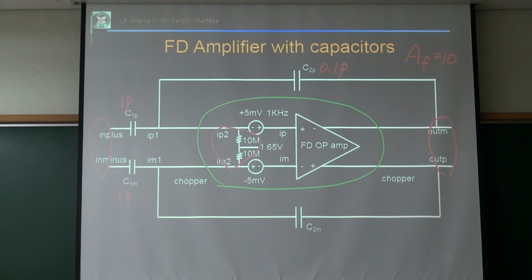So this one, this 5 millivolt 1 kilohertz sine wave. Say this is 5 millivolt times sine 2 pi 1 kilohertz t, okay? There is a differential. This is positive, there is a negative.